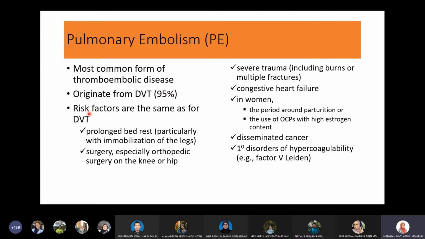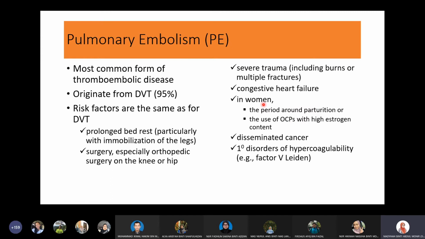So the risk factors are similar to DVT: prolonged bed rest, especially with immobilization of the leg; surgery, especially orthopedic surgery on the knee or hip; patients who have severe trauma, including burns and multiple fractures; patients with congestive heart failure; in women, the period around parturition, meaning delivery.